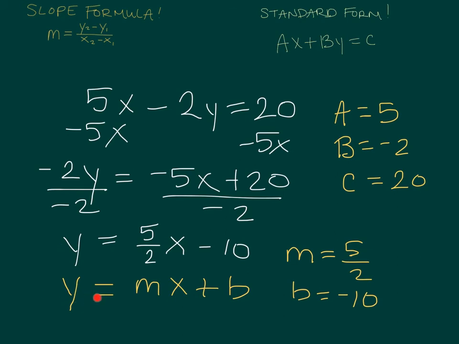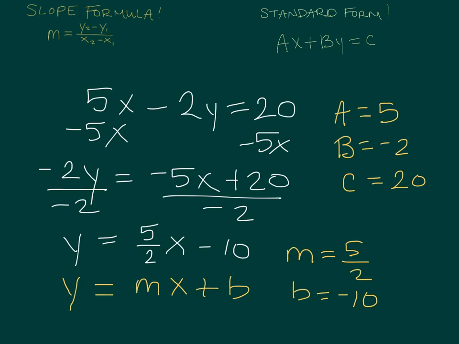Now I've got this form called slope intercept form, and this is where I can see immediately that my slope, or m, is 5/2, and then b, which is my y-intercept, is -10. Now I wonder if there's a shortcut from getting from here to here if all I'm looking for is the slope. I don't need the equation.